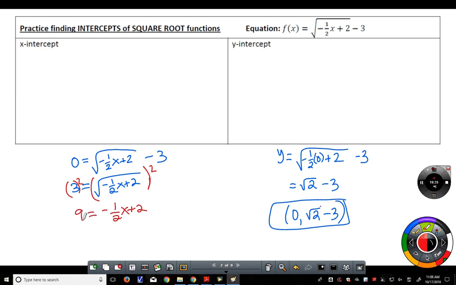Okay. And then we'll just finish solving it like you guys normally would. So I'm going to subtract 2. And then I'm going to multiply both sides by -2 to cancel the -1/2 that's in front of x. So I get x equals -14. So my x-intercept occurs at that point.